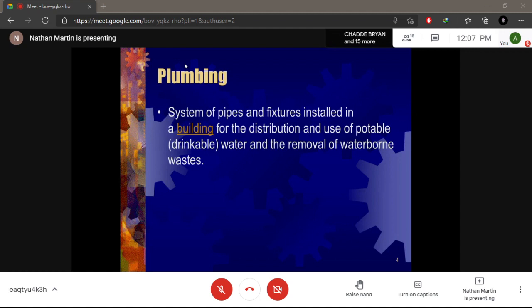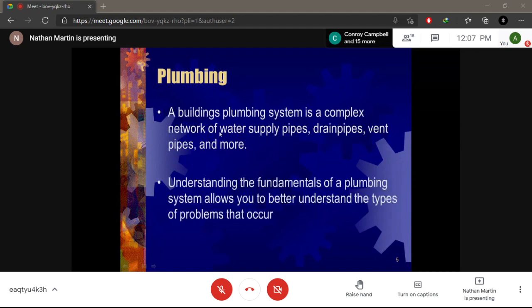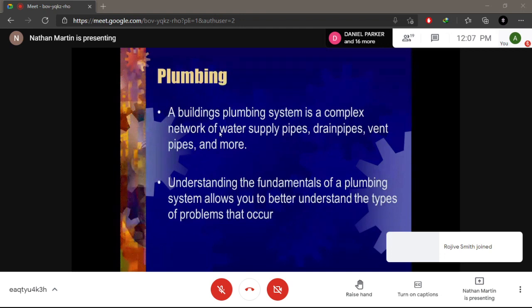So all the plumbing systems will be piped to facilitate these two aspects. A building's plumbing system is really a complex network of water supply pipes, drain pipes, vent pipes, and more.